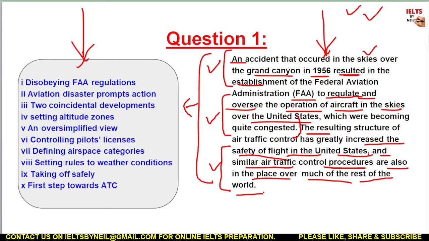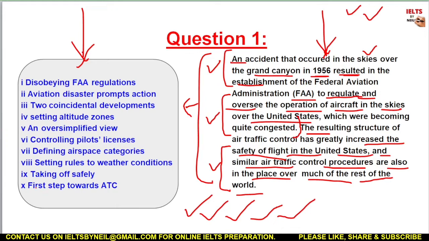If you look at the beginning, they're talking about some accident in the sky because of which the FAA was established. The role of the FAA was to look after the operations of aircraft in the sky of the United States. Safety was increased after the FAA, and this structure is being followed by the rest of the world.